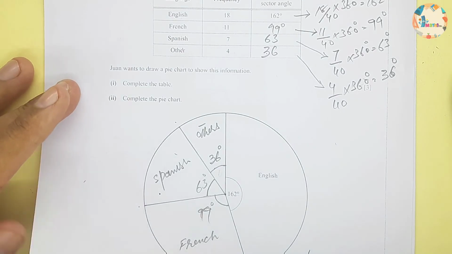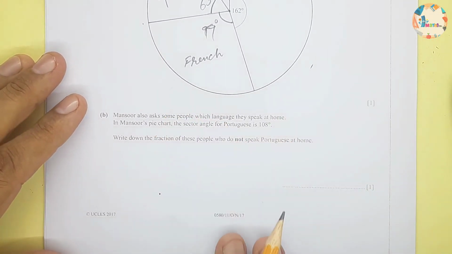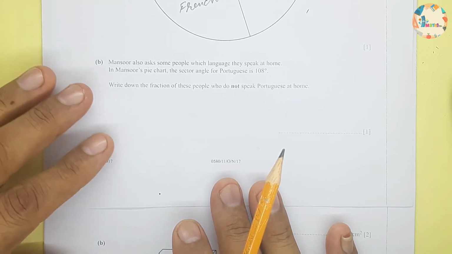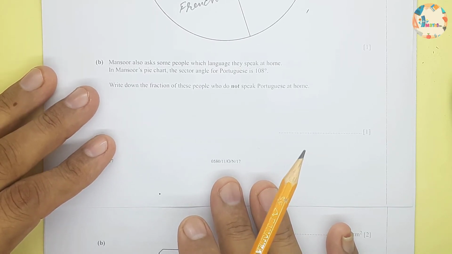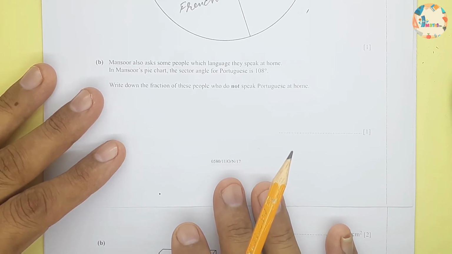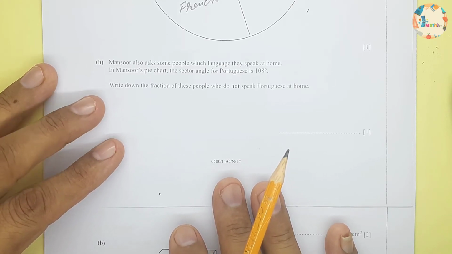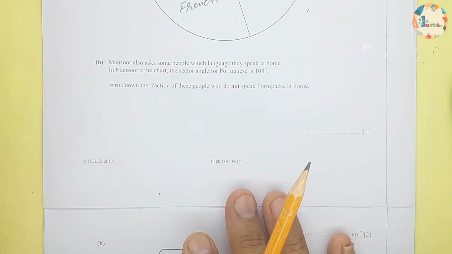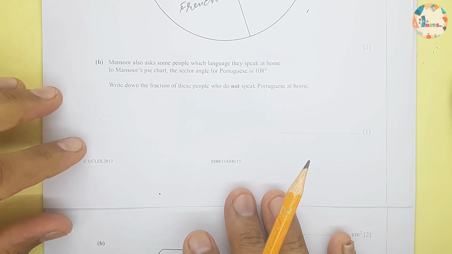Now B part is saying Mansoor also asks some people which language they speak at home. In Mansoor's pie chart, the sector angle for Portuguese is 108. Write down the fraction of these people who do not speak Portuguese at home.